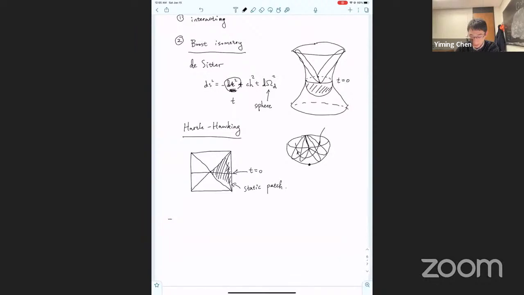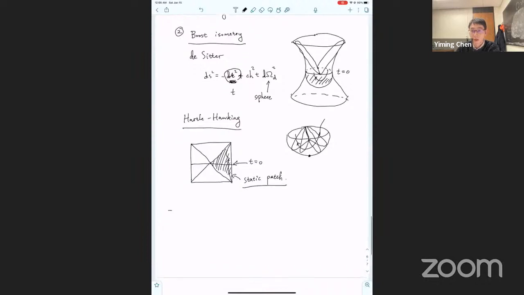So here I just want to draw an analogy and argue that there is a similar construction and a similar boost symmetry in this case that can tell you that the Hartle-Hawking vacuum looks thermal if you are an observer in the static patch. So it's just another example where this derivation works.